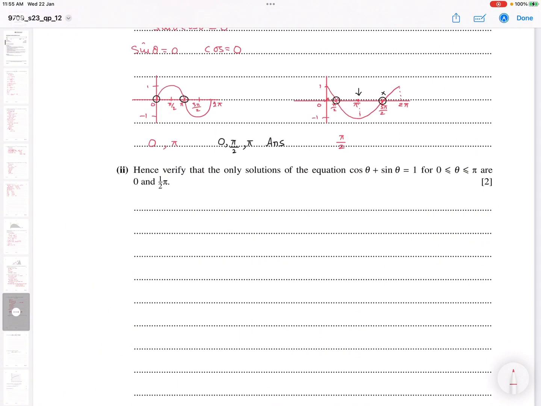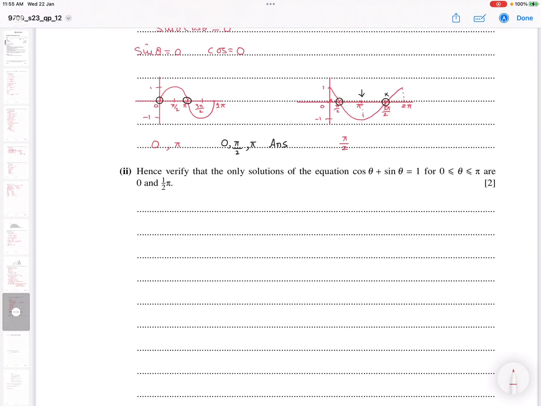Okay, second part says, hence verify that the only solutions of the equation cos theta plus sin theta equals 1, theta less than or equal to pi and greater than or equal to 0, are 0 and pi by 2. So simple, cos theta plus sin theta is equal to 1.